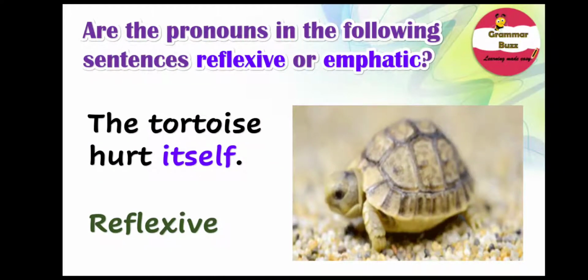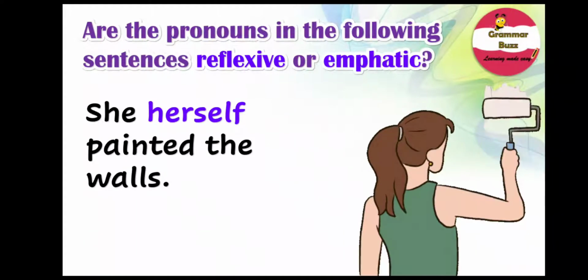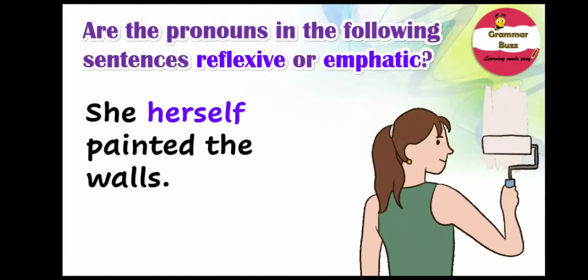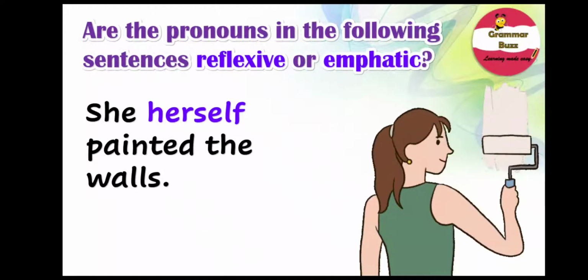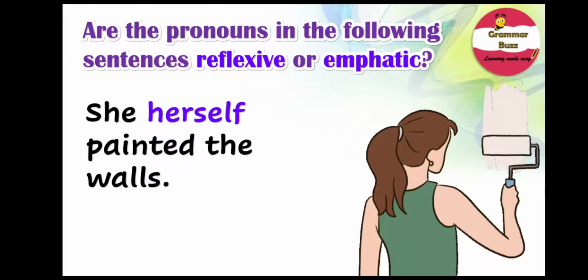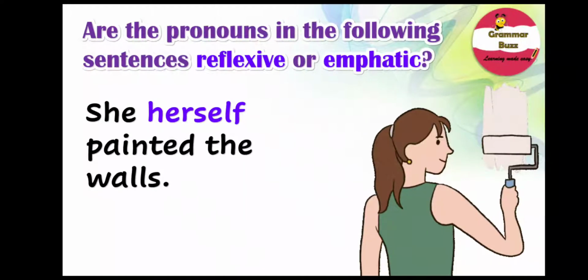And here comes the last sentence for you, and it is, she herself painted the walls. Well, what is the herself in this sentence? I think it's a reflexive pronoun or maybe an emphatic pronoun. Oh, I'm so confused. Are you confused too? Can you help me out?